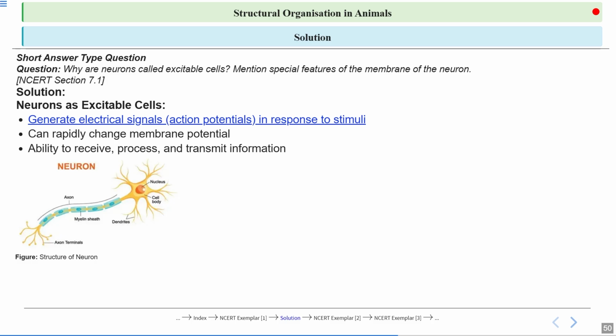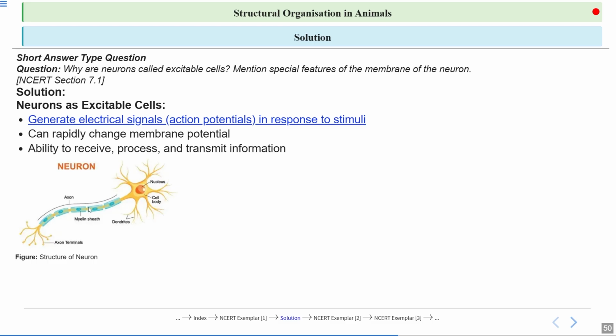So here you can see the neuron cell. One of the neuron cells, the larger part, is called the cyton or the cell body. And in this, the nucleus of the neuron is present. Now from this cyton part, you can see many branches emerge and spread all over. These are called dendrites.